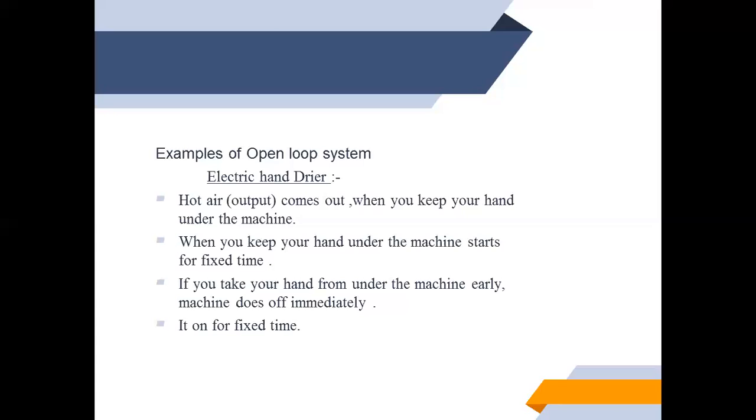Whether I put my wet hand or my dry hand in that machine, whenever the light flow is interrupted, the machine will run for that duration of time. So we can say that machine is an open loop system.